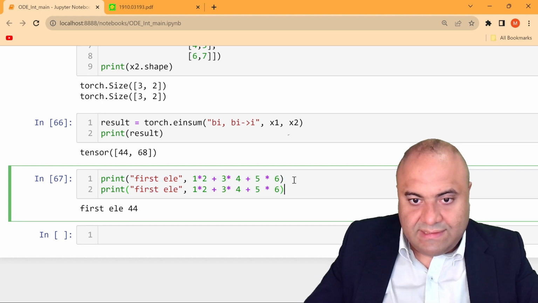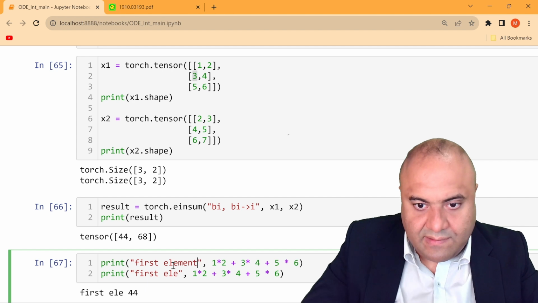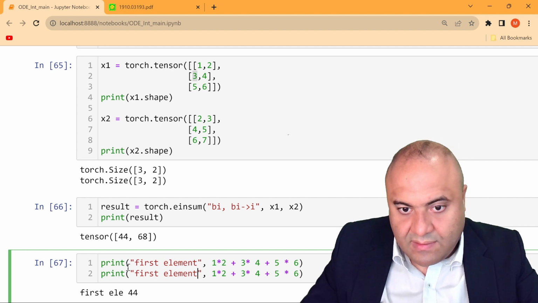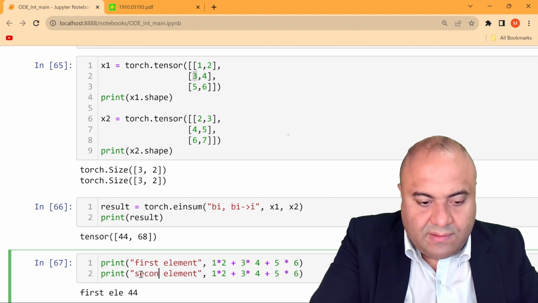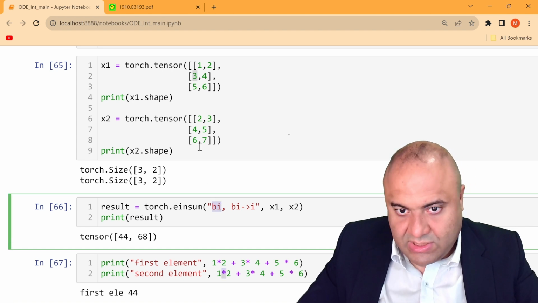Now, the second element is, of course, pi, two-dimensional.